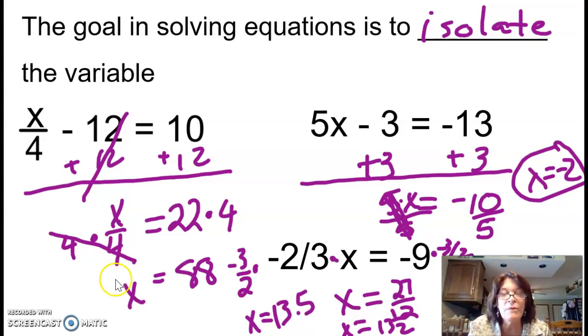Okay, I get so frustrated when people are like, oh, I want it in a different form. I don't care. 13.5 is the same as 27 halves. Give me one of those answers, okay? And I'll be happy. All right. I'm not going to tell you which way to write it. Everybody has their own favorite. Okay. We good? Remember that? All right. Let's see what's next.